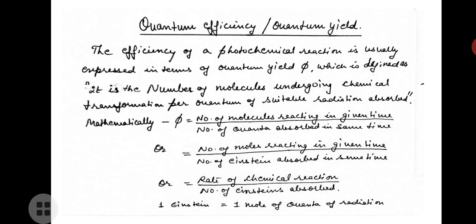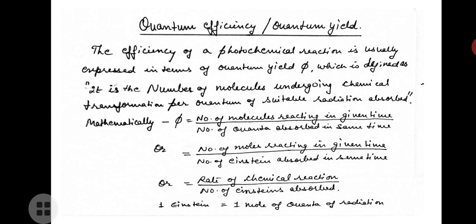Or we can say the number of molecules reacting per quantum of light absorbed. Basically, quantum yield is a relationship between the number of photons absorbed and the number of molecules taking part in a photochemical reaction.